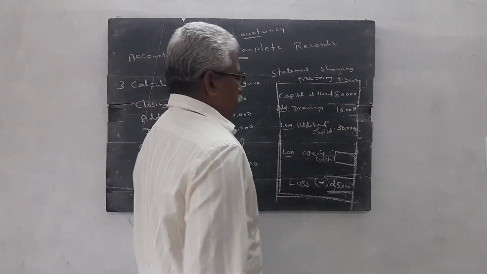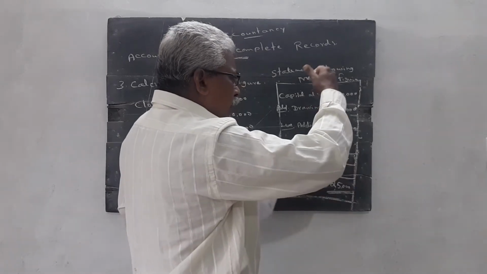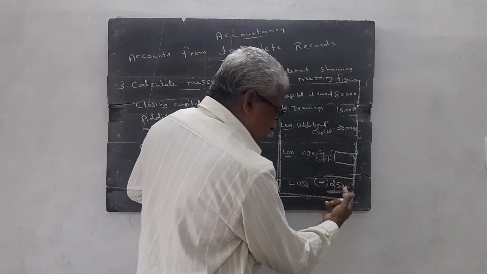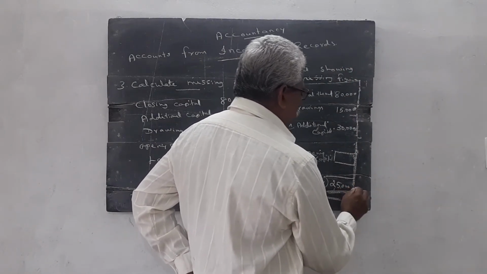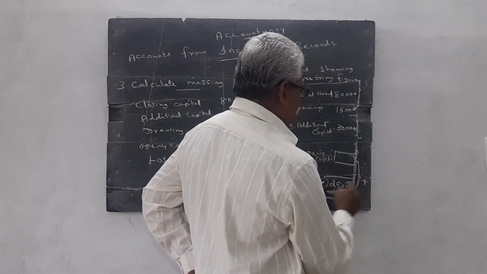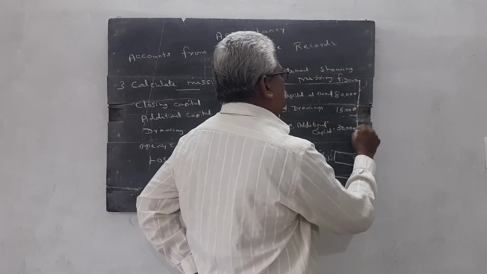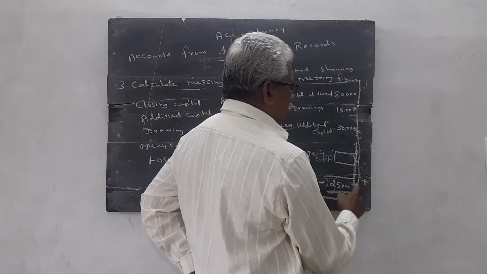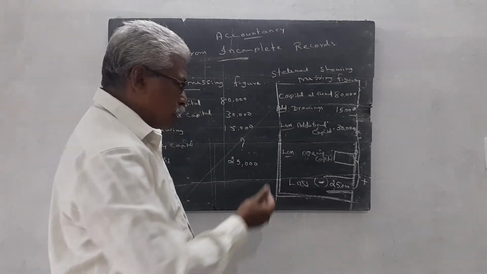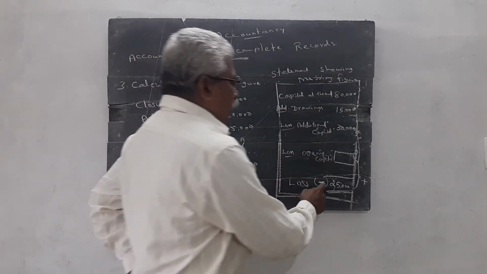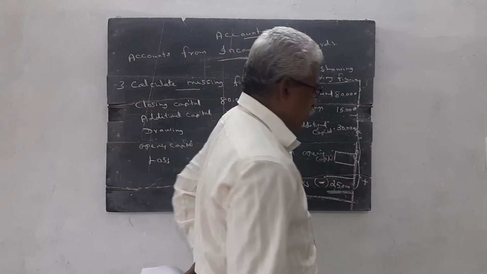Everything is given in the question. Here we have to find out this figure. So in this pattern we have to come from bottom to top. Here minus 25,000. Here less. If you come this side, plus. Minus 25,000 plus this 30,000. This model is not given in your textbook. You try to study here. Minus 25,000 plus 30,000, we can get 5,000.